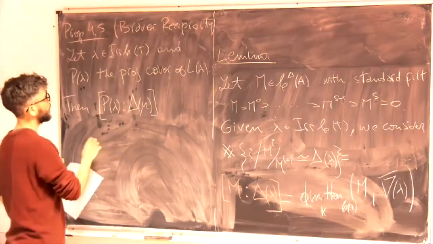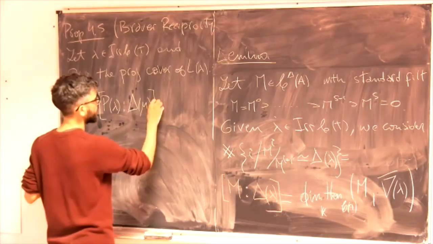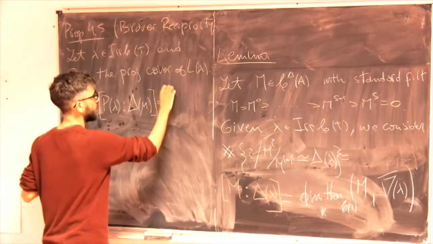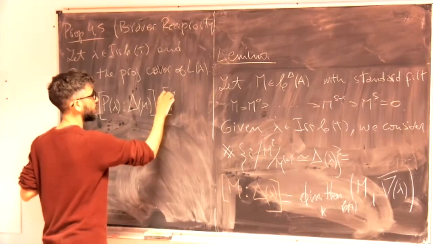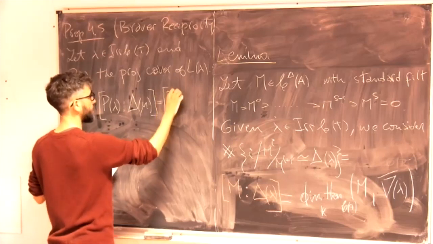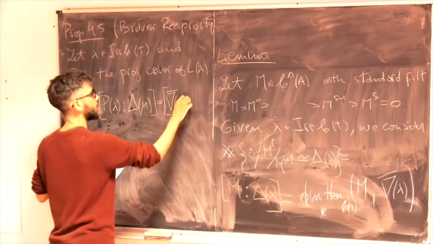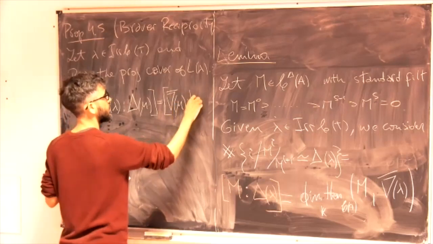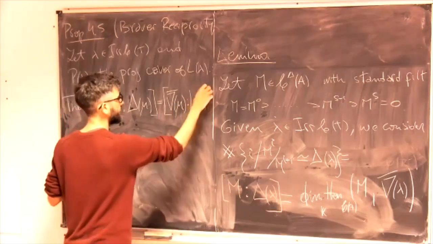And what the Brauer reciprocity says is that it is equal to the number of composition factors of nabla mu which are isomorphic to the simple module L lambda.